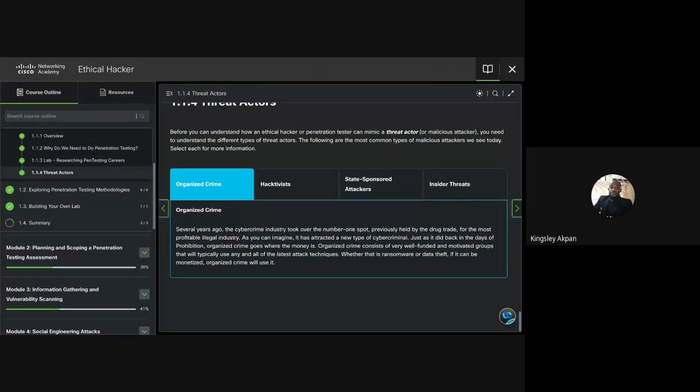While a state-sponsored attacker is one that is being sponsored by a government, attacking another state for personal gain or monetary gain too, or for power, as the case may be. All right, thank you very much. That's very much on point. All right, let's proceed to the next one.